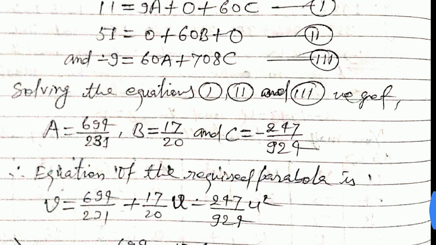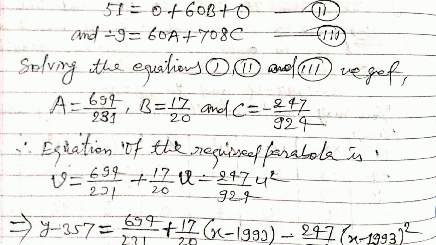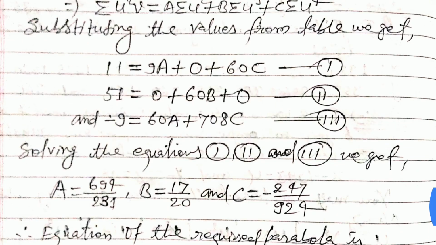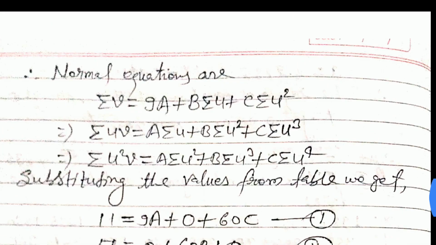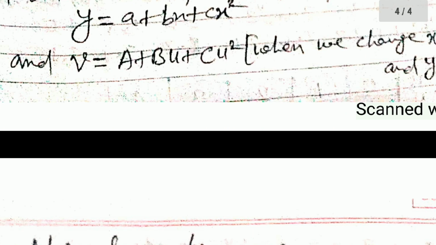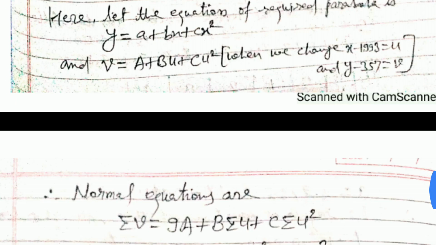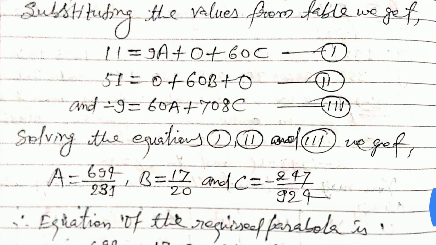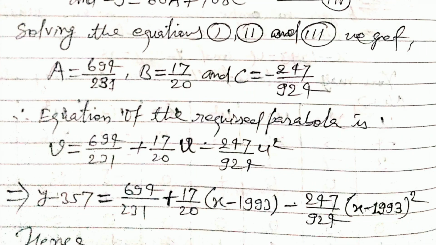These give the values of capital A, B and C, and we replace these values in the given equation in terms of u and v. So we have v is equal to 694 by 231 plus 17 by 20 u minus 247 by 924 u square.